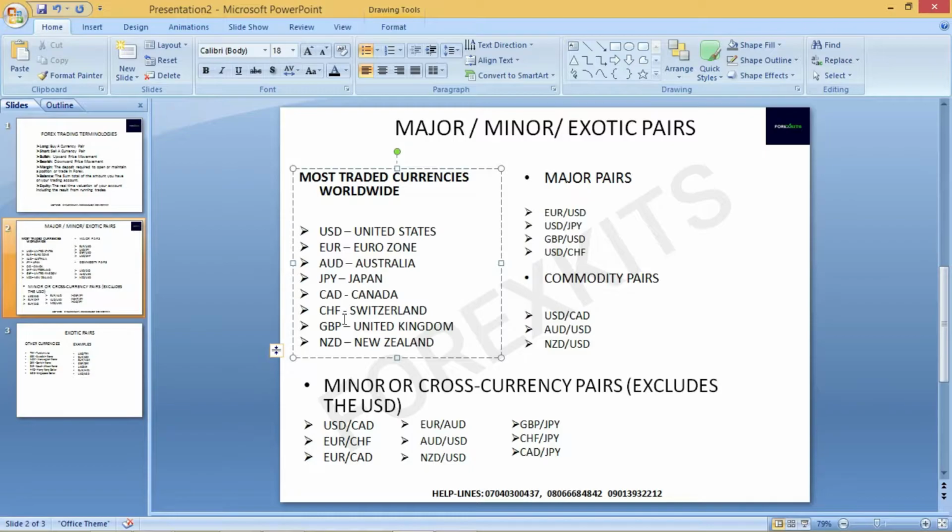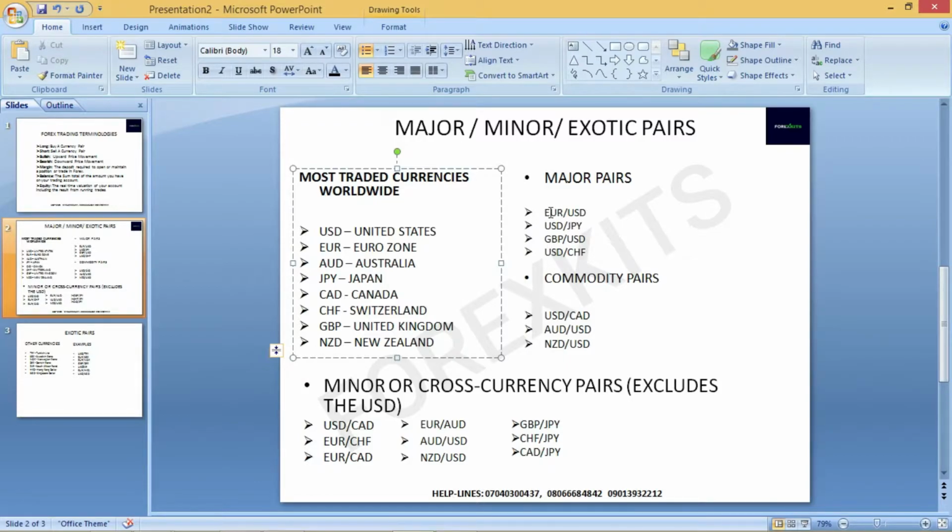Initially it used to be 7, but the JPY has performed really well, so it's now a part of this group. So the major pairs are the ones where USD is paired with some of the most traded currencies we just treated.